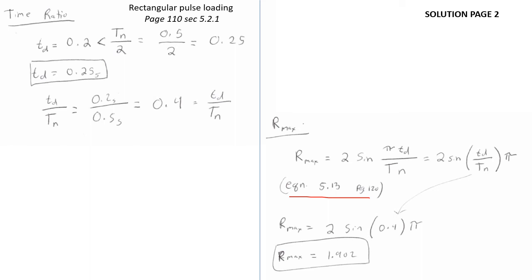We plug the 0.4 back in for TD over TN, so R max is equal to 2 times the sine of 0.4 times pi. We do the math, and our R max is 1.902.